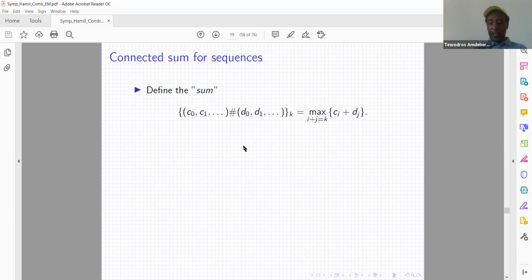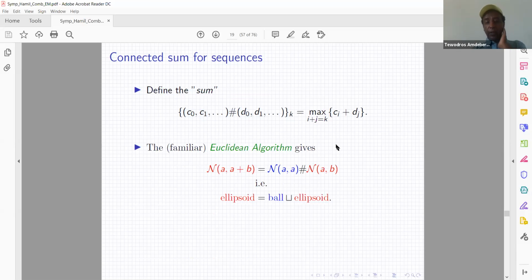So that is the connected sum of any 2 sequences for that matter. And then regarding the specialized sequences from the previous theorem, by using the Euclidean algorithm in some interesting manner, it's possible to break up a sequence like this into two sequences as a connected sum.